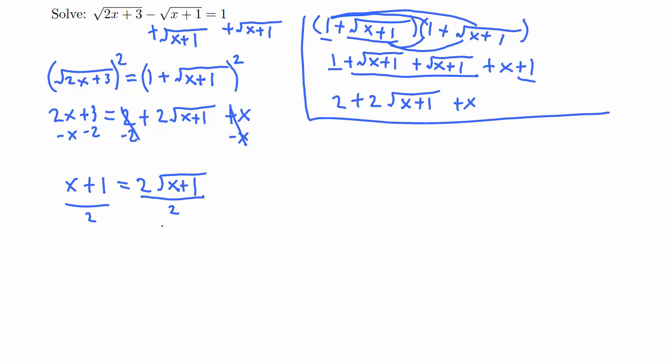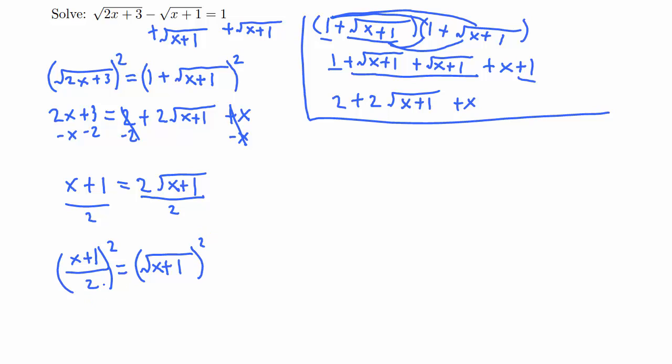So divide by 2, and just leave the left-hand side as x plus 1 all over 2. The right-hand side will now be the square root of x plus 1. Notice that what we've done is we've created a radical equation with one radical by itself and everything else on the other side. So now I'm going to square everything.